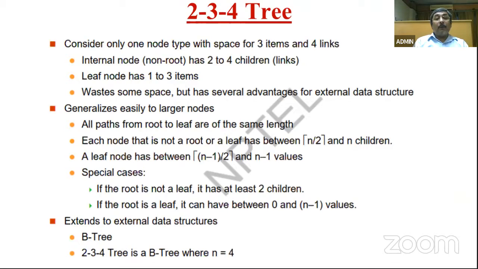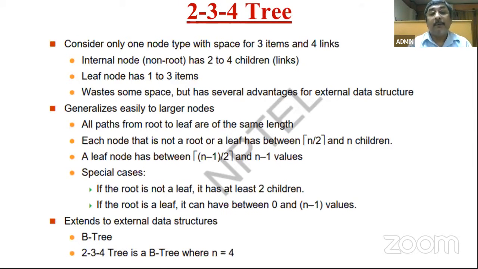Right? Now, all paths from the root to leaf are of the same length. This is not a definition. This is a property. You can prove it. But the second and third sub-bullets in the second bullet are points in the definition. The special cases are also a point in the definition.